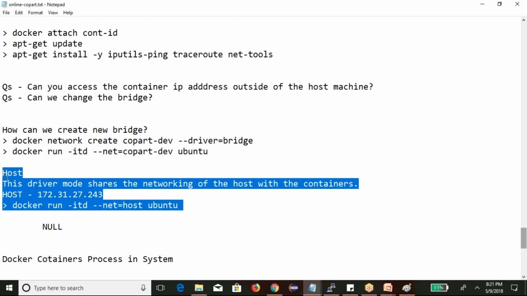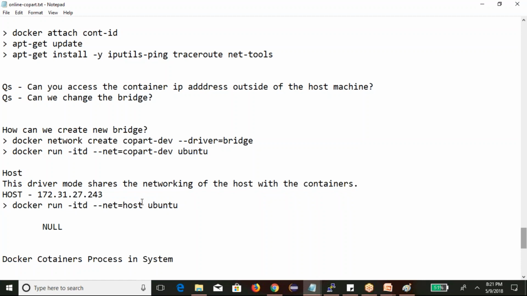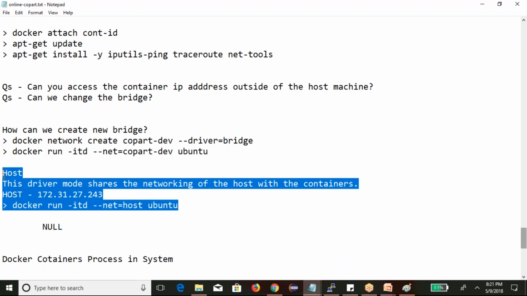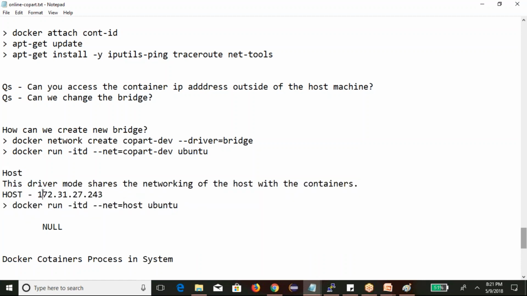So when you're using bridge mode, you'll be mapping ports like 8080 to 8080, right? The container runs on 8080 and you're mapping the host port to the container port for the bridge adapter. Yeah, but for host networking, you will not be able to run the same port on multiple containers, because they share the same network.